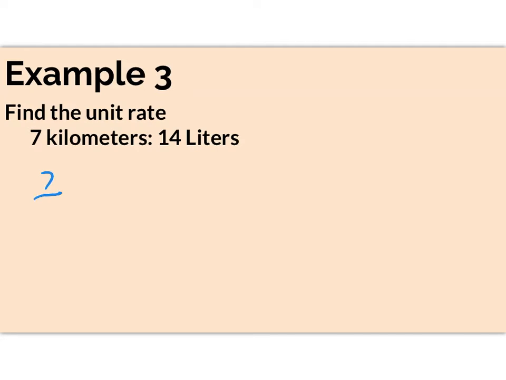So 7 over 14 divided by 14 over 14. 14 divided by 14 gives us 1. And 7 divided by 14, if we divide by 7, we get 1/2.